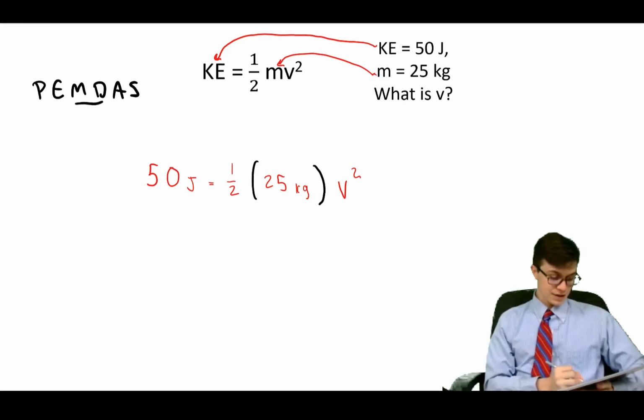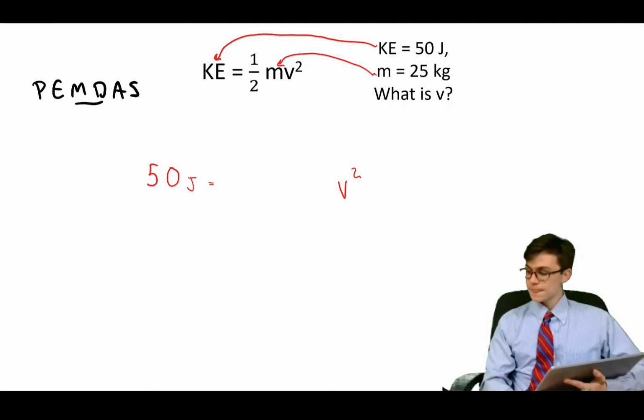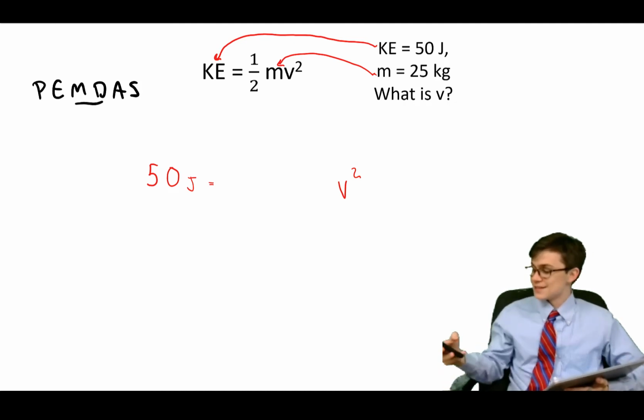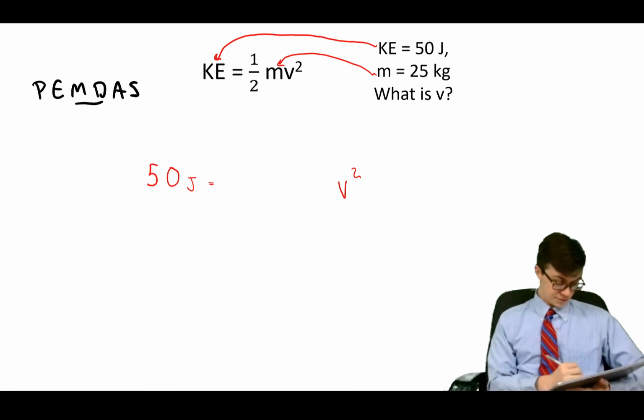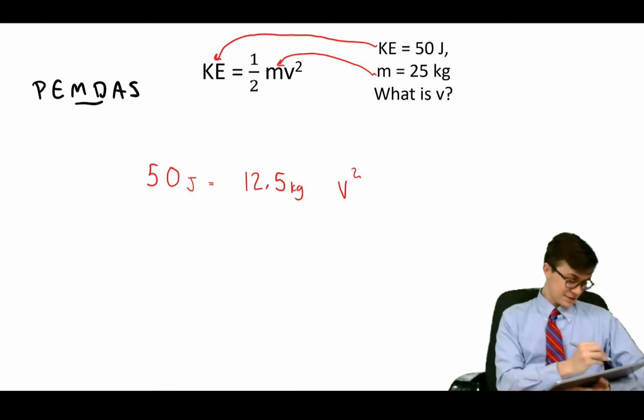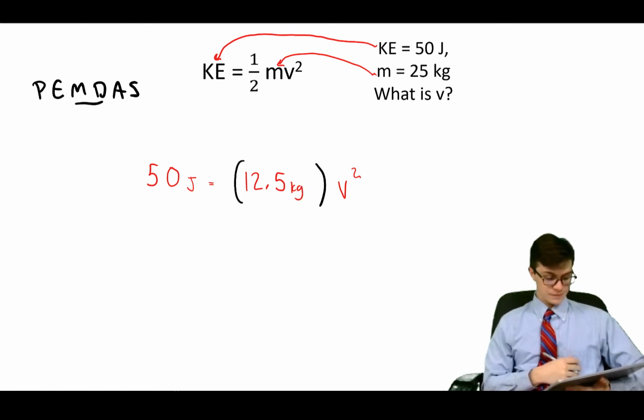What I'm getting right here is 1/2 times 25 kilograms. That's going to be, let's see, half of 25. 0.5 times 25. 12.5, okay. So that's 12.5 kilograms. And that's times V squared.